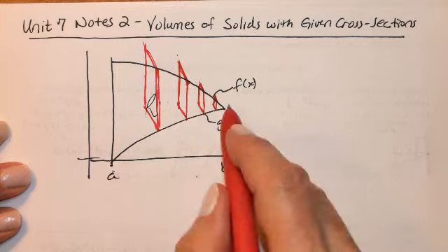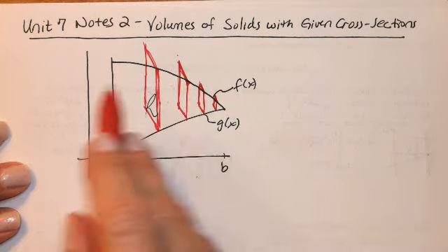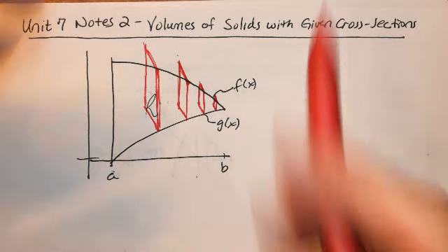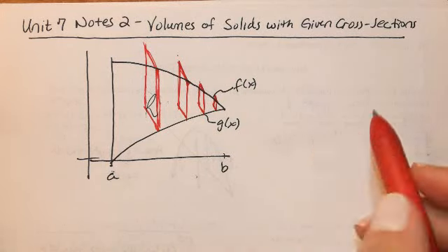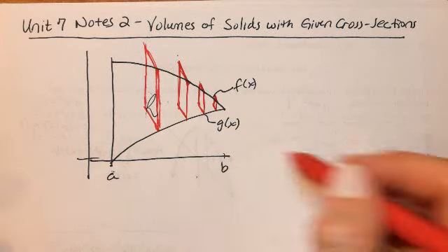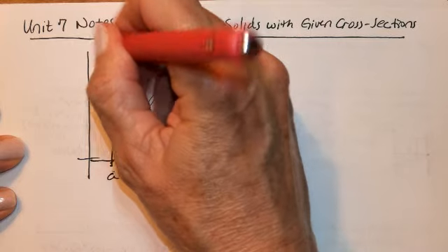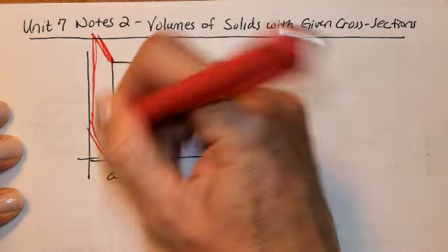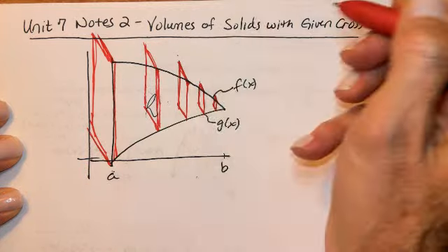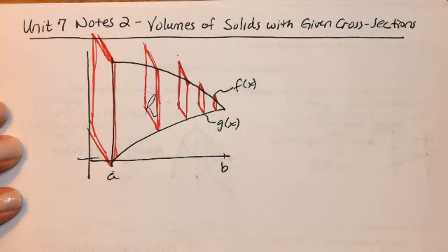Can you visualize the solid? It's a solid. All right? Our goal is to find the volume of that solid. I'm going to draw this last one over here. Our goal is to find the volume of that solid figure.